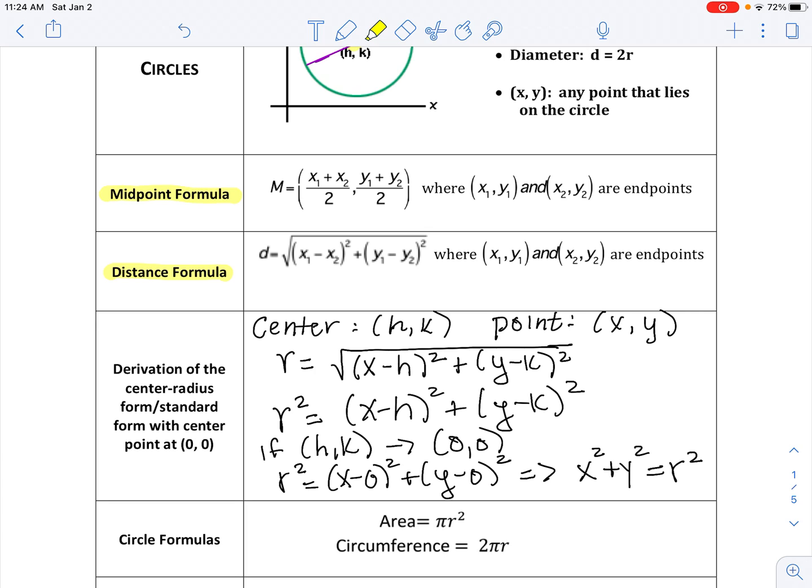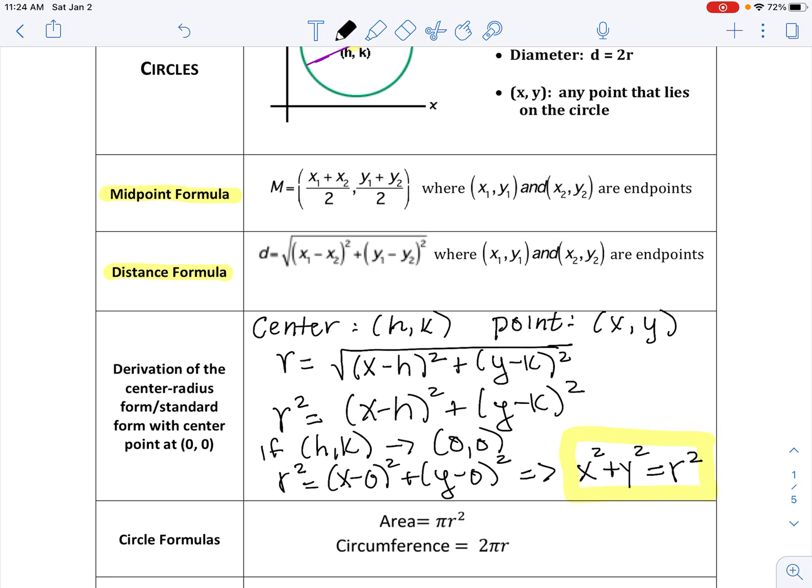That is where the equation of a circle comes from. And that will always represent any circle whose center is at 0, 0, and whose radius is the length r.